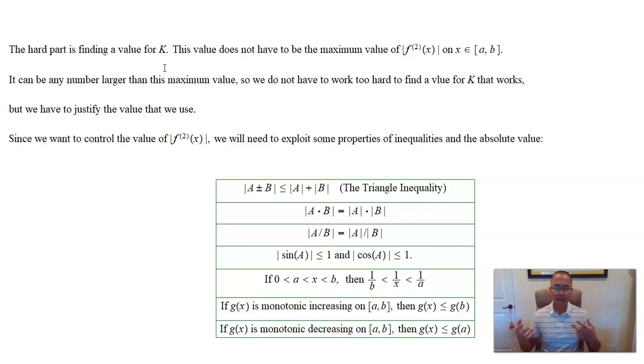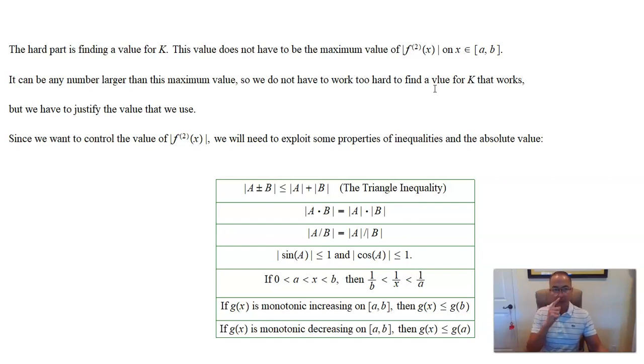So definitely the absolute maximum of the absolute value of the second derivative restricted to this interval would be a legitimate value for k. But any number bigger than this maximum value will also work. If you know that your second derivative in absolute value is at most 5, then k can also be 10. Any number bigger than that maximum value is going to work.